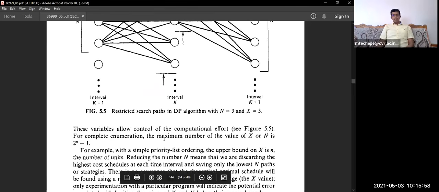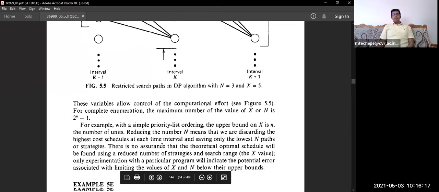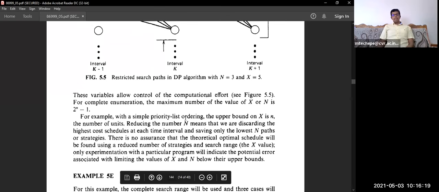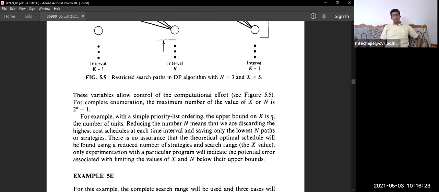These variables allow control of computational effort for the complete enumeration, that is the maximum value of X and N, which is 2 power n minus 1 combinations. For example, with a simple priority list ordering, the upper bound on X is small n, the number of units.